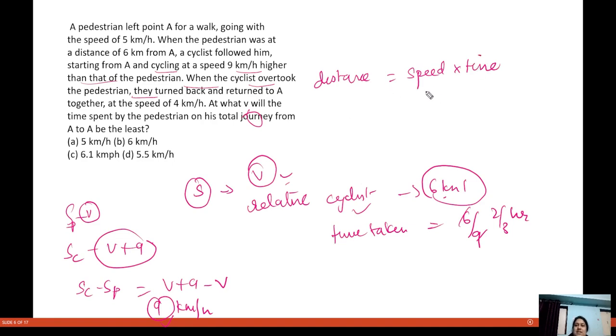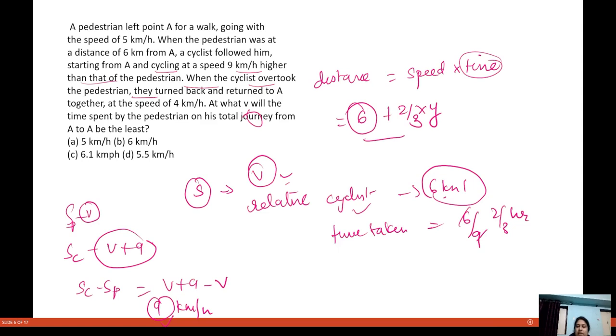Now, the pedestrian already covers 6 kilometers, and then in time 2 by 3 hour with speed y, this cyclist is going to travel this much distance, because we need y in our equation.